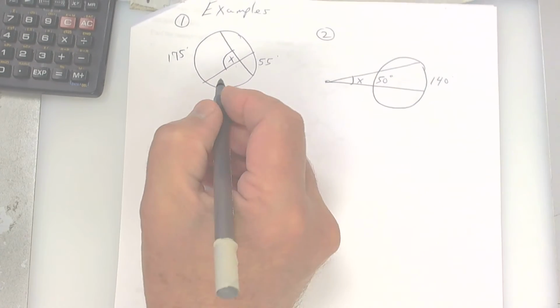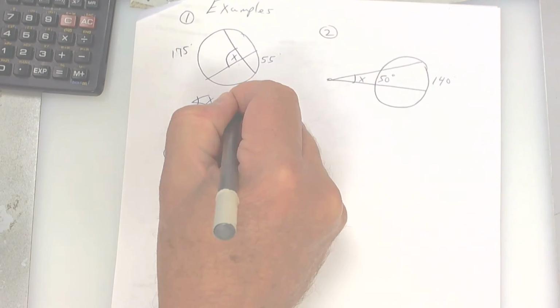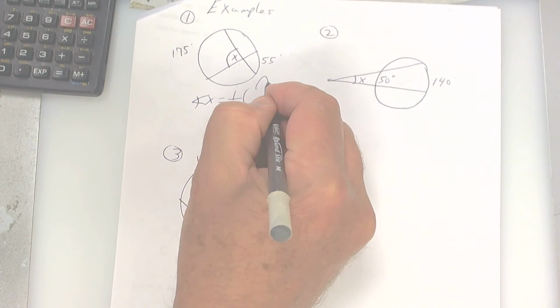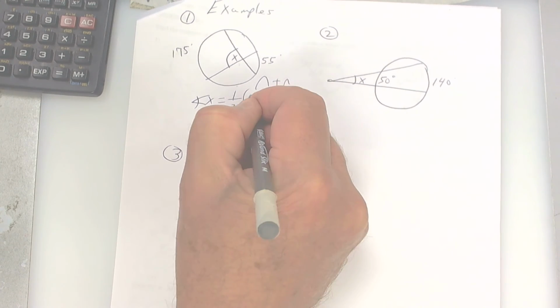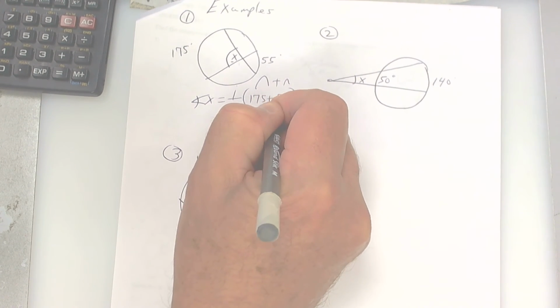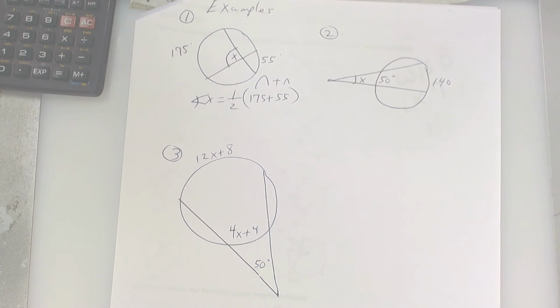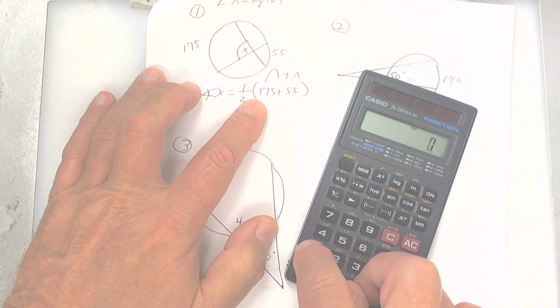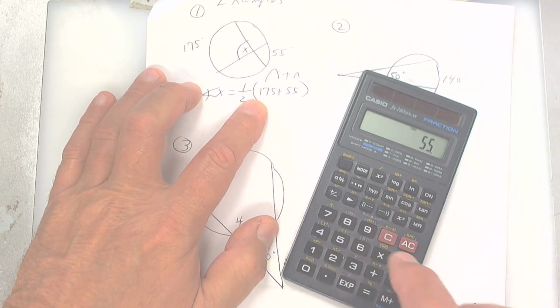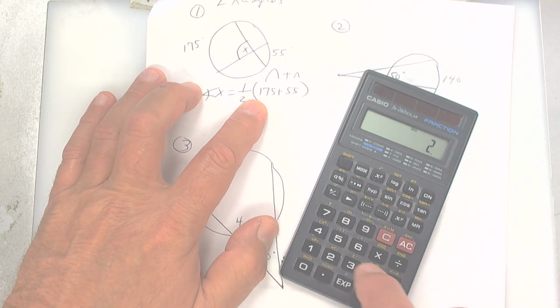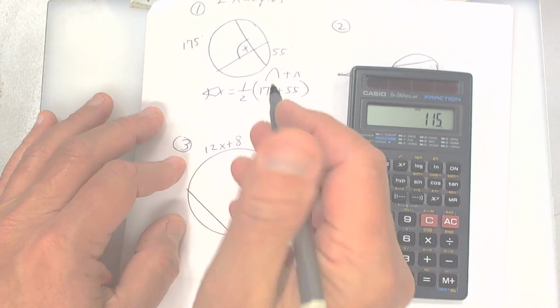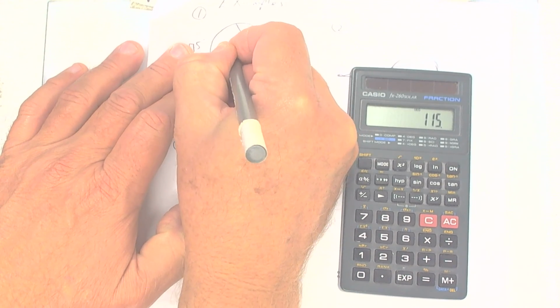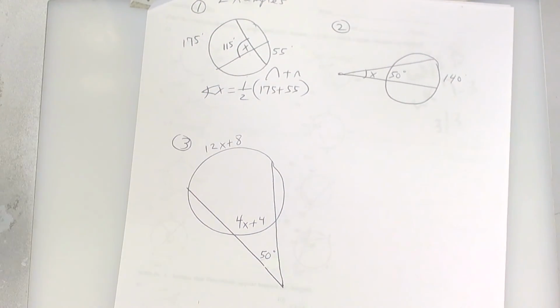So you're going to say angle X is equal to half of the big arc plus the little arc. So 175 plus 55. You're going to add that up and divide by 2. So you get your calculator, you add it up and divide by 2. So 175 plus 55, press equals, divide by 2, and you have 115. So this angle is 115 degrees. Okay, that's all you do is use your formulas.